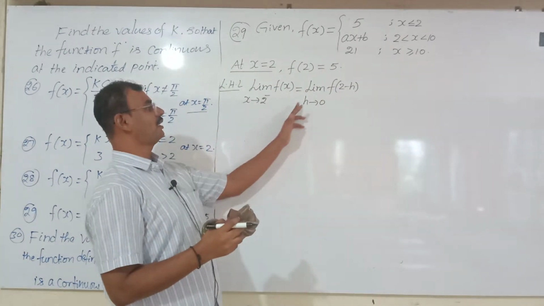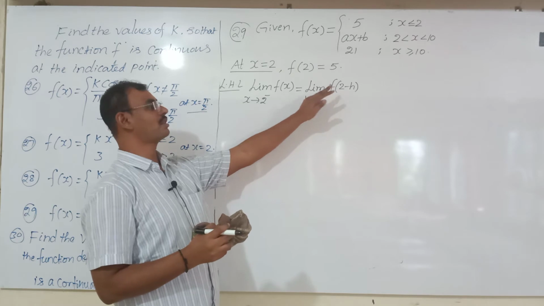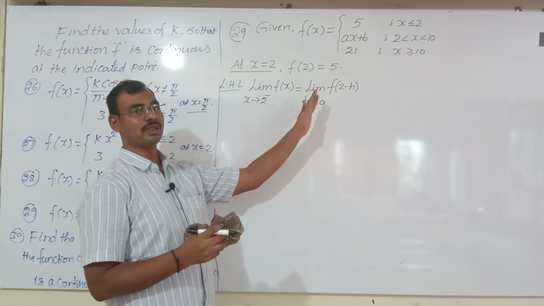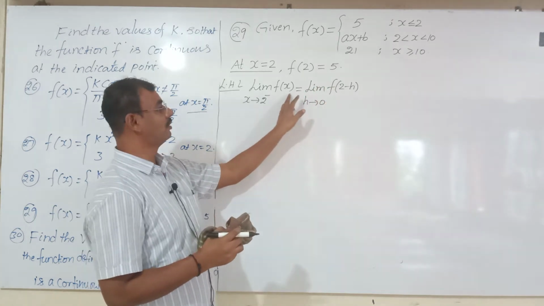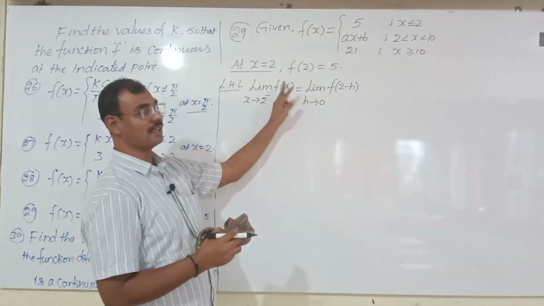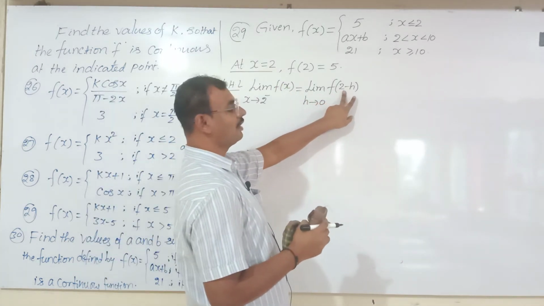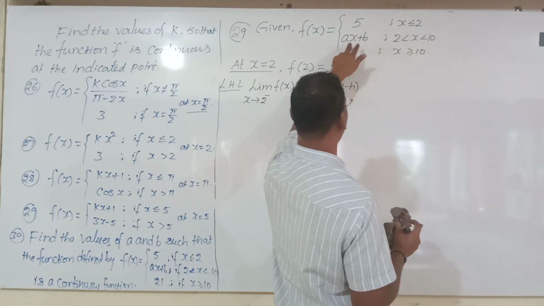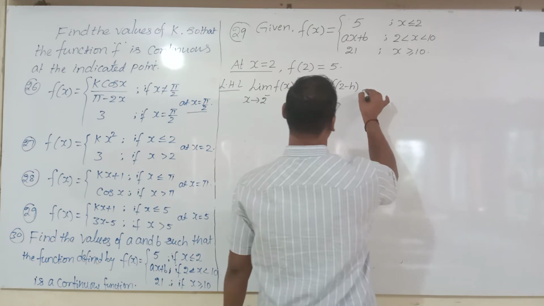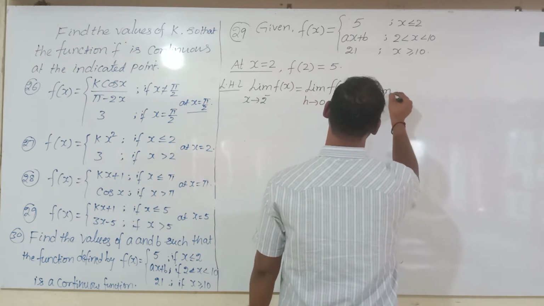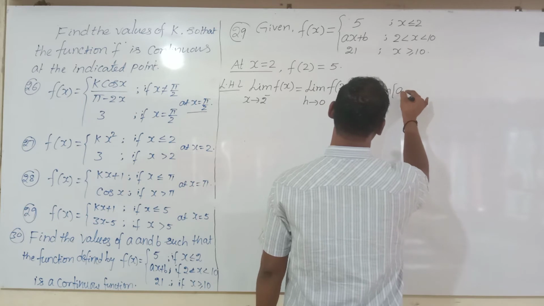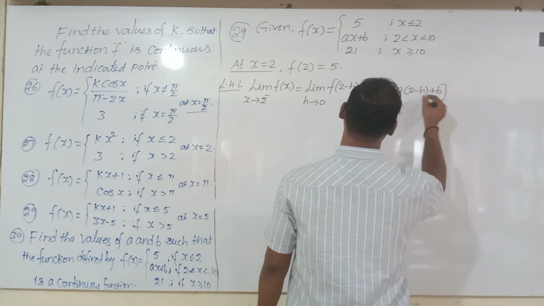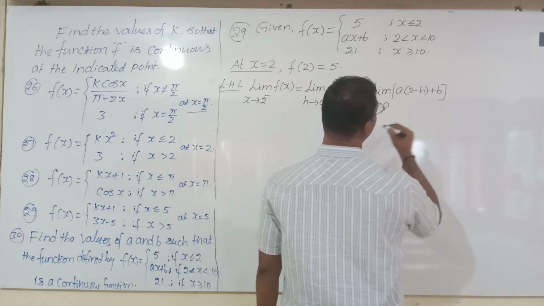Whenever you change the limit function like this, there is no confusion, no twist here. 2 minus h means smaller than 2. When x is smaller than 2, the x value is 2 minus h. This is equal to limit of a bracket 2 minus h plus b as h tends to 0.